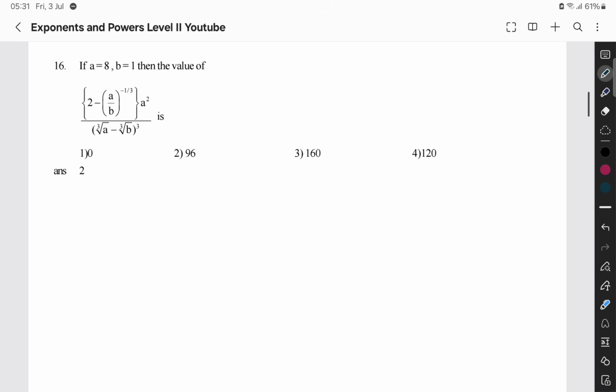See this. A is given as 8, B is given as 1. Then what is the value of this expression?